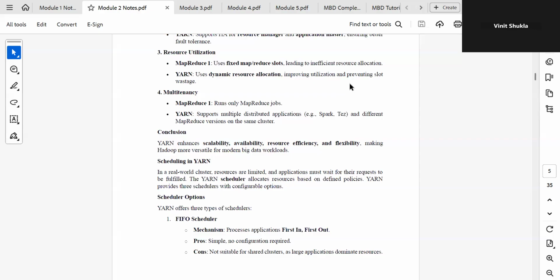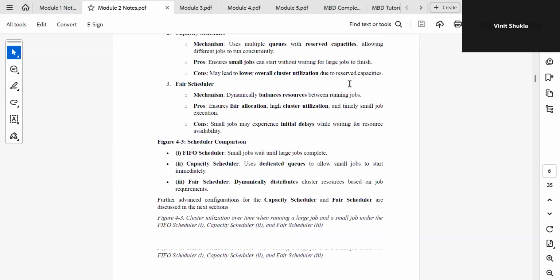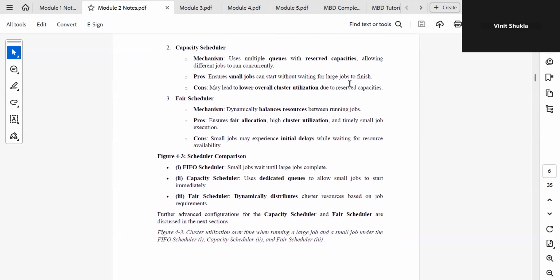These are the FIFO scheduler. In this mechanism, applications are processed first in, first out. The benefit is that it is simple, with no configuration required, but the limitation is that it is not suitable for shared clusters and large applications dominate resources. Second is the capacity scheduler.